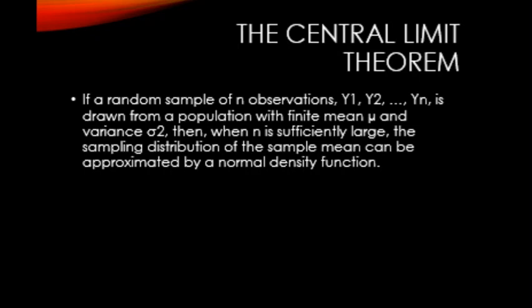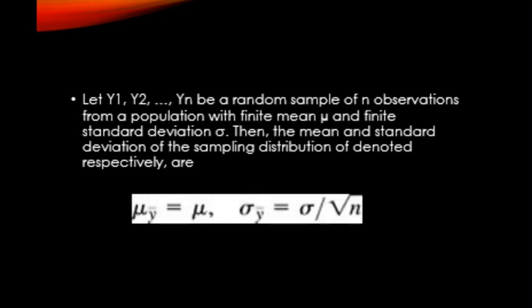Now, if n is sufficiently large, which in this case 15 is considered large enough, the sampling distribution of the sample mean can be approximated as a normal density function. So that's the central limit theorem, that if we pick a sample from a population and then make a distribution for the mean values, then it's normally distributed.